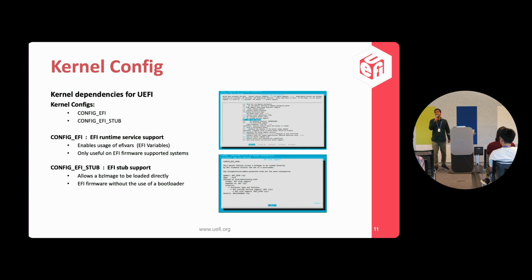Another config is EFI stub, which provides support for the bzImage, the normal kernel image, to be loaded directly without the intervention of GRUB or any other second stage bootloader. This way, EFI firmware can also directly load the kernel.